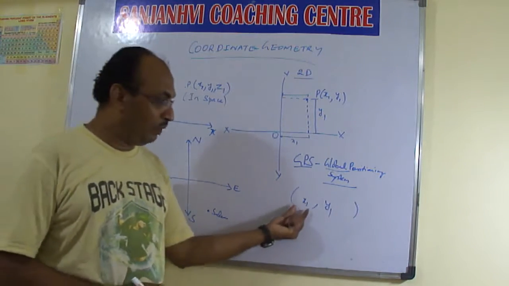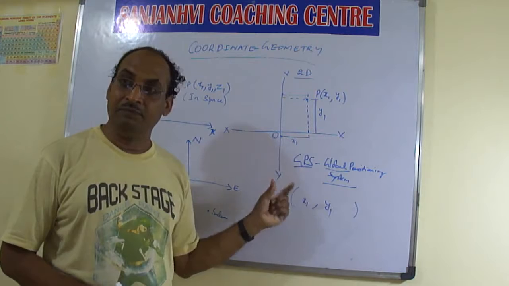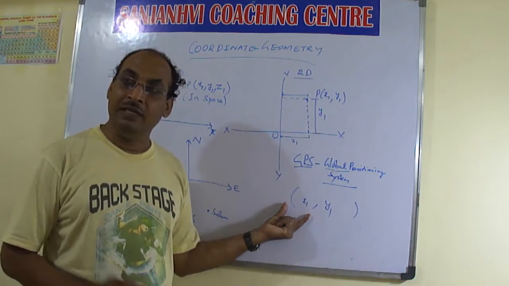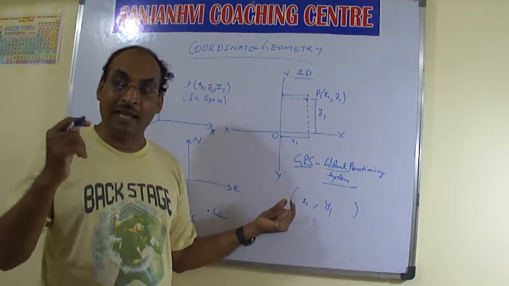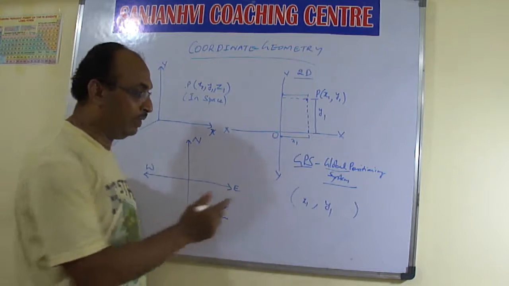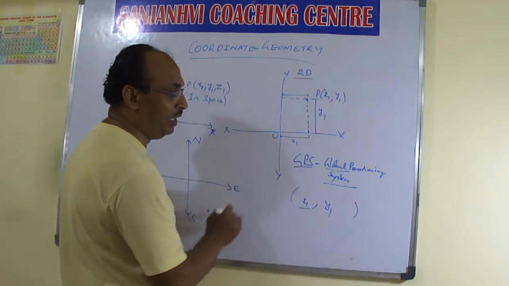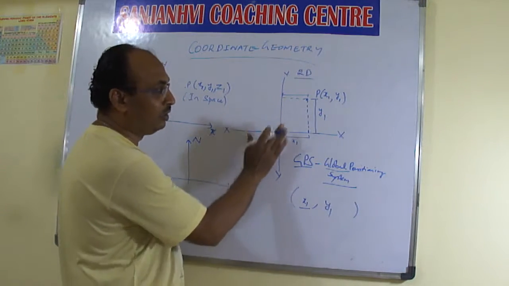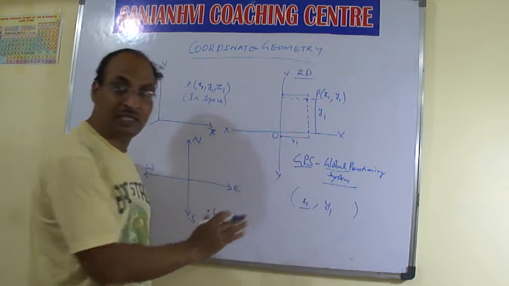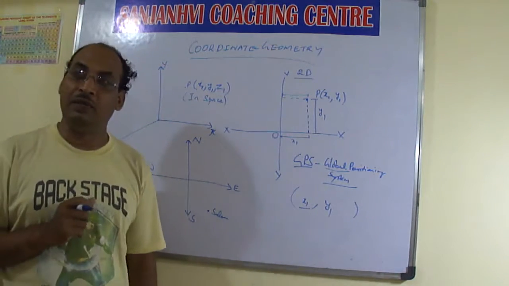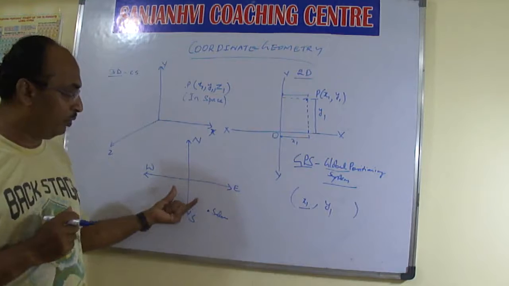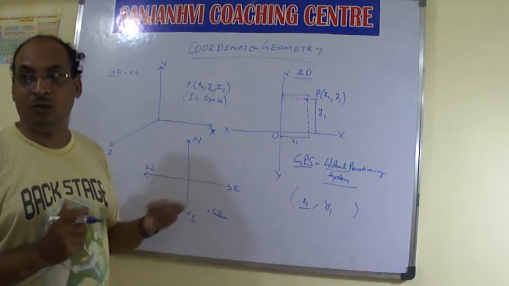This value is given in degrees, an angle. So an angle of x1 degree at northeast or northwest, this direction will also be given to us. By that we will be able to find out where the location is.